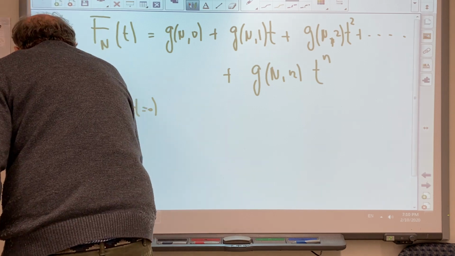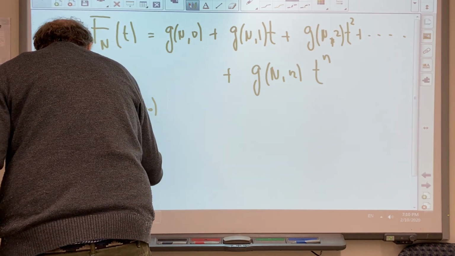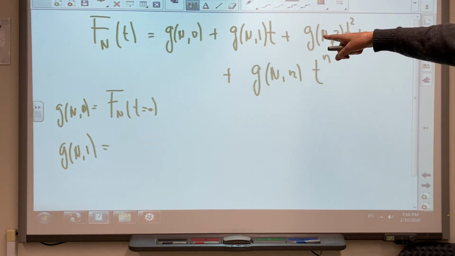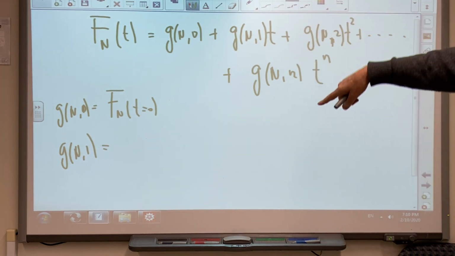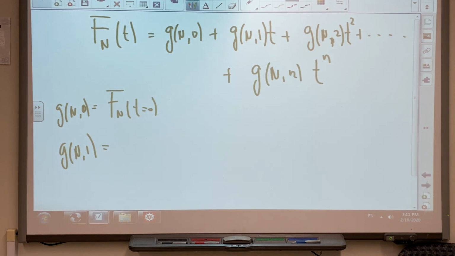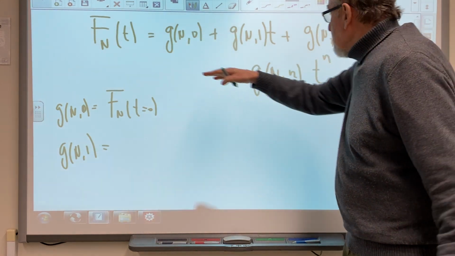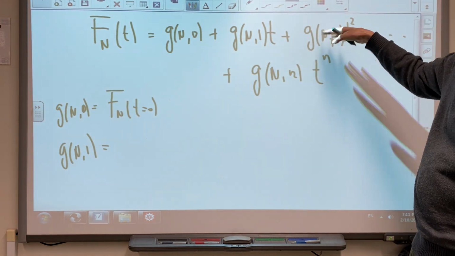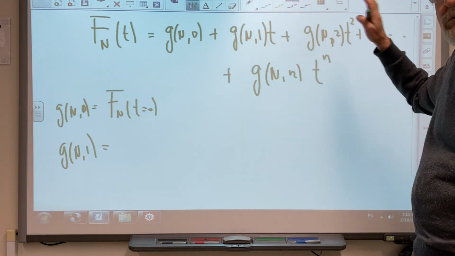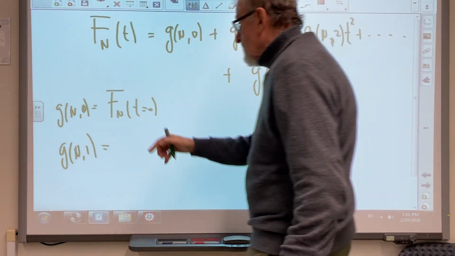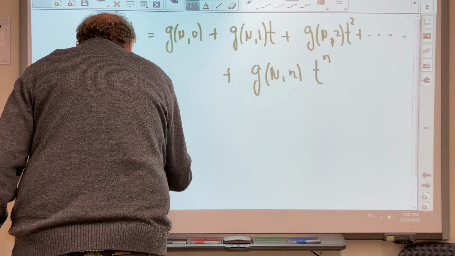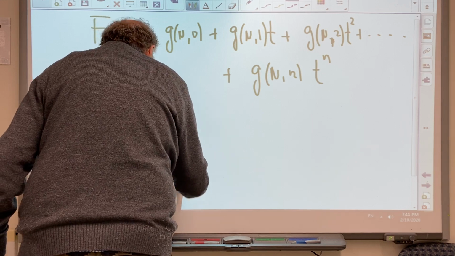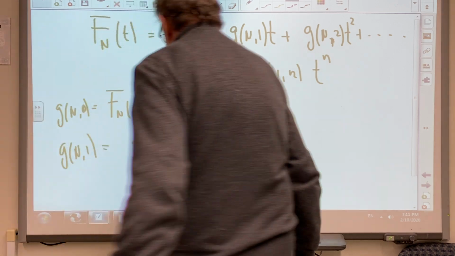If you need the g of n 1, what do you do? You have to take the derivative of this function with respect to t and calculate it at t equals 0, because when you take the derivative, this term goes away. This term gives me g of n 1, and all the other terms will contain factors of t that go away when I put t to 0. So this is the derivative of f of n with respect to t at t equals 0.